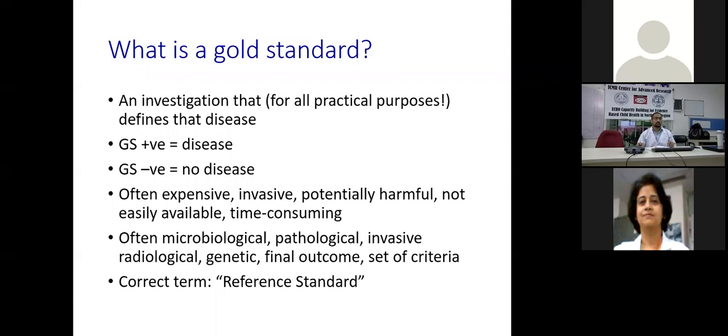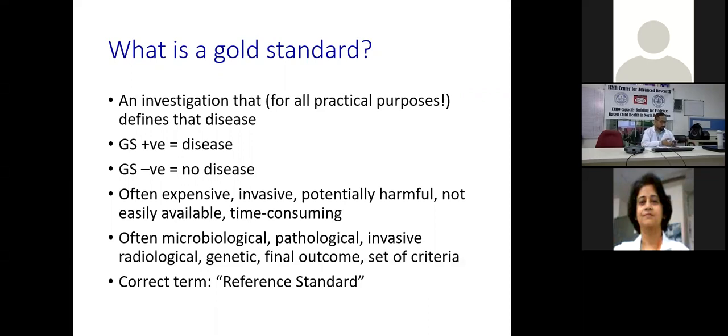And often, though not invariably, gold standard tests happen to be expensive, invasive, potentially harmful, not easily available, and time consuming. And they're often microbiological, pathological, invasive radiological tests, genetic tests, or they could be the final outcome of the disease.